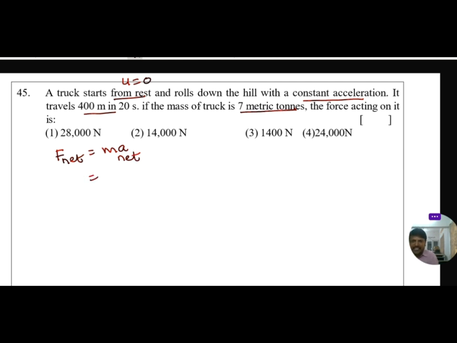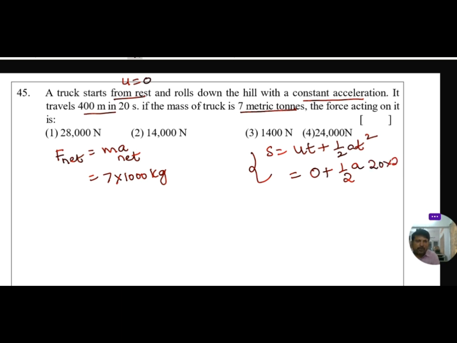Here mass is given, 7 metric ton, that is equal to 7 into 1000 kg, and calculate acceleration by using the second equation of motion, that is S equal to ut plus half at square. In the place of u, 0, plus half acceleration a t square. Time is given 20. Square means 20 into 20.